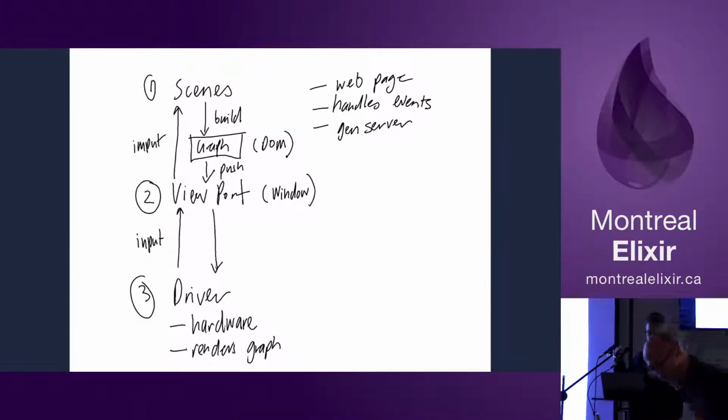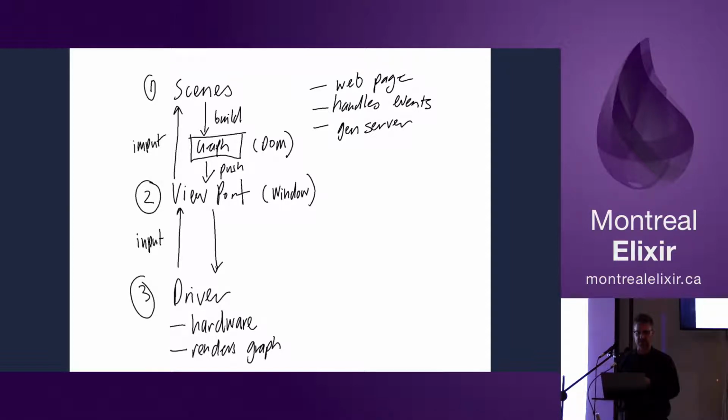So the key things to think about the architecture of Scenic is that there's three components to it. One is scenes, that's the top layer, and that's typically where you're going to be writing all of your code. You can think of a scene as a web page, and in that you are building a graph.